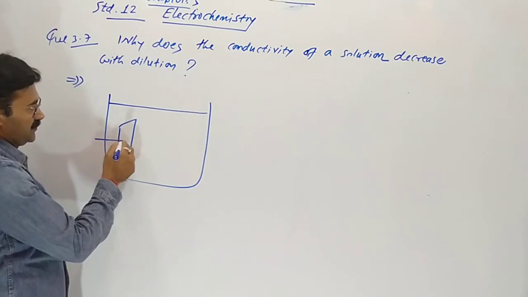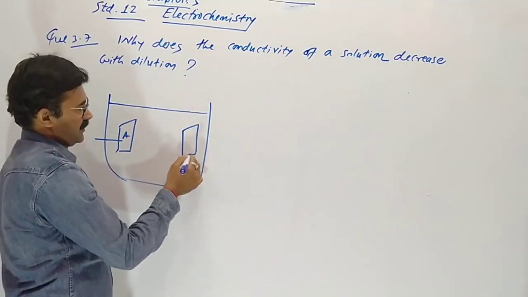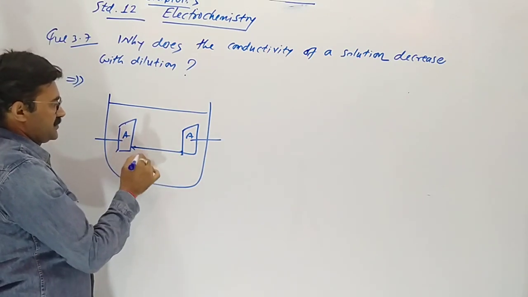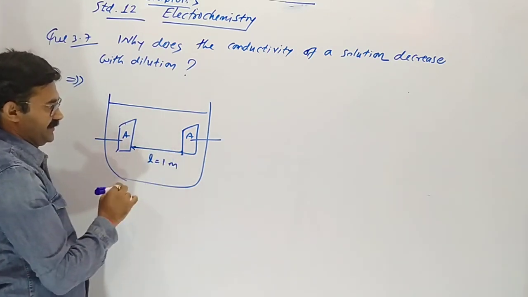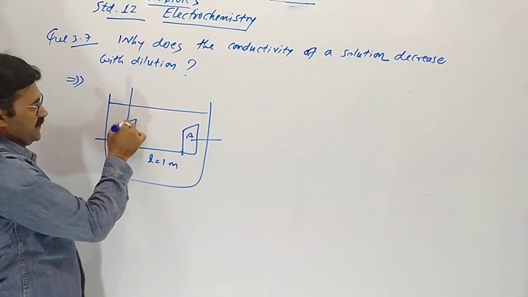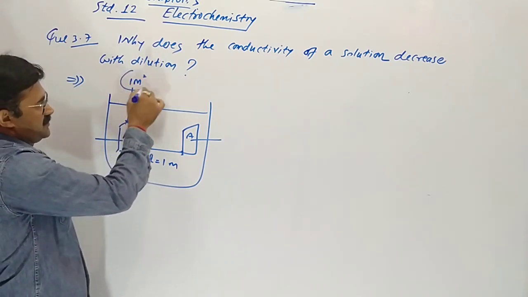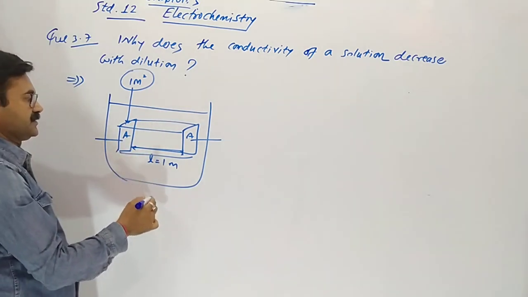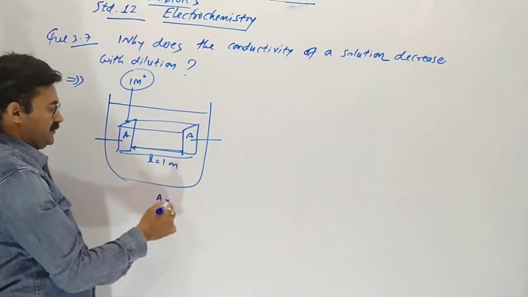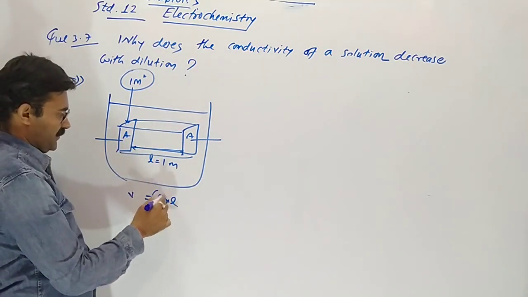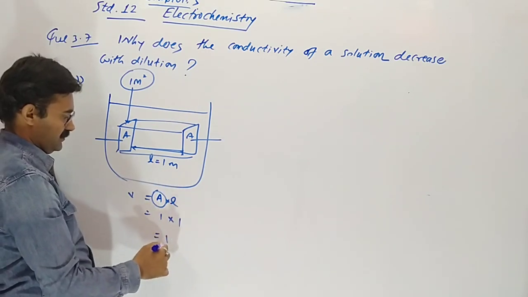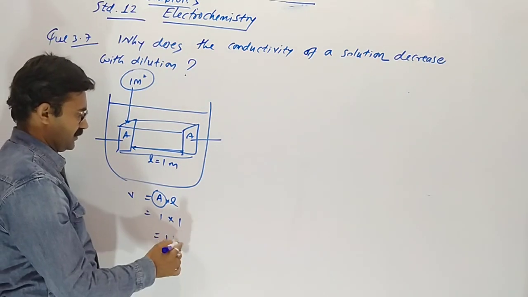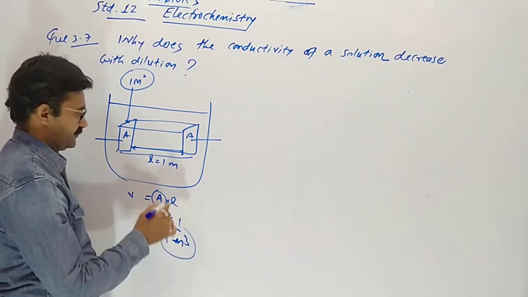Here we take 2 electrodes, anode and cathode. The distance between them is 1 meter and the surface area is 1 meter square. So unit volume means A into L, surface area 1 and 1 meter cube.